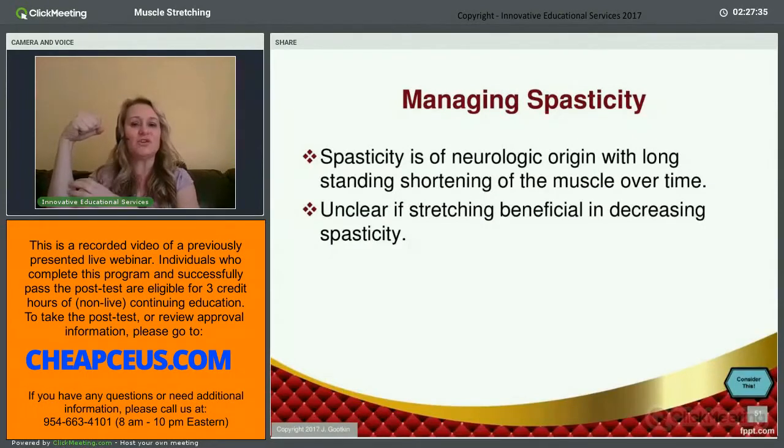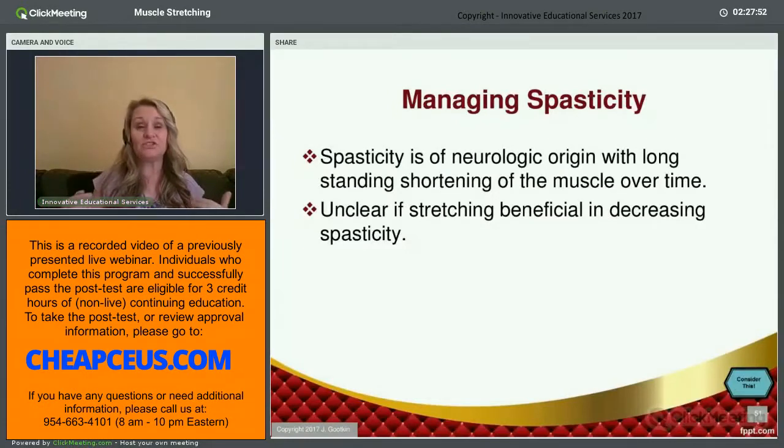So we have spasticity. It's a neurologic condition. When we look at stretching, just to take that and hold it at its end range of motion, that technique is not going to be the best choice to inhibit the spasticity. It's not really tapping into the central nervous system in a way that's most beneficial to decrease spasticity.